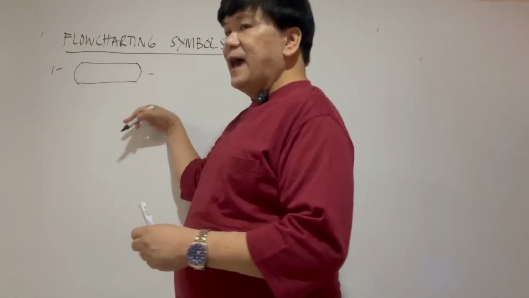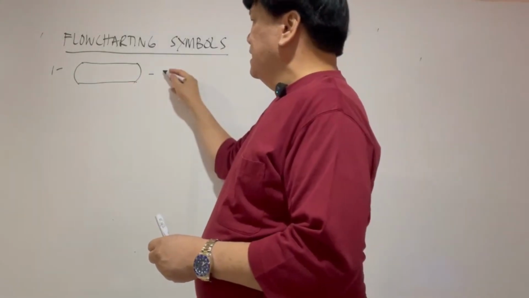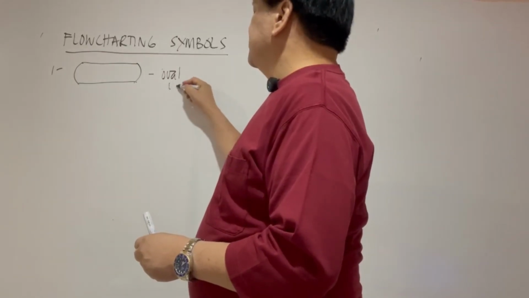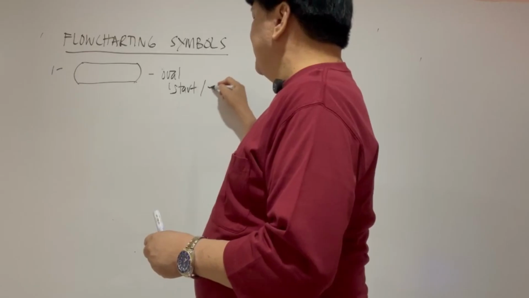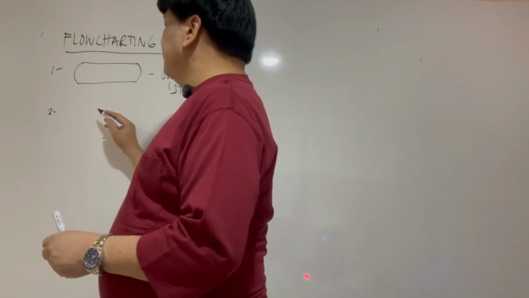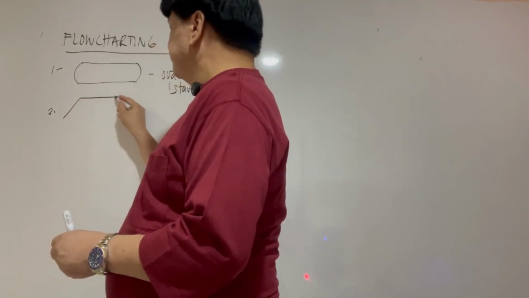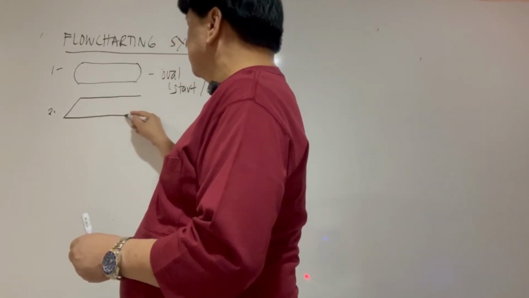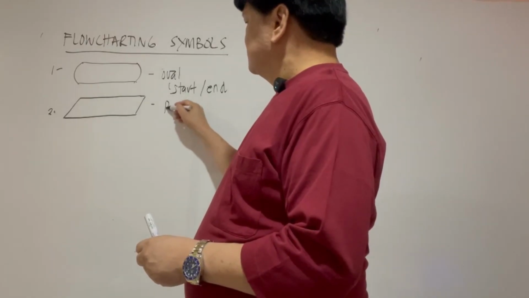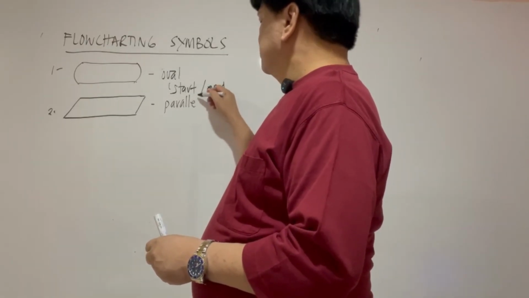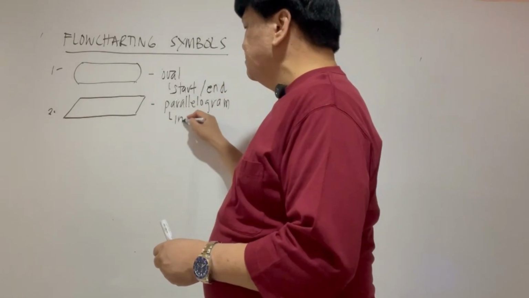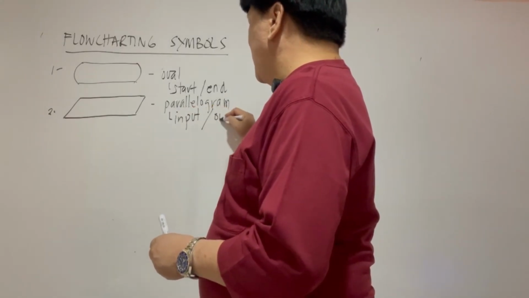When you start and end your flowchart, you use the oval, for the start and end. Next is the parallelogram. The parallelogram is used for input or output.